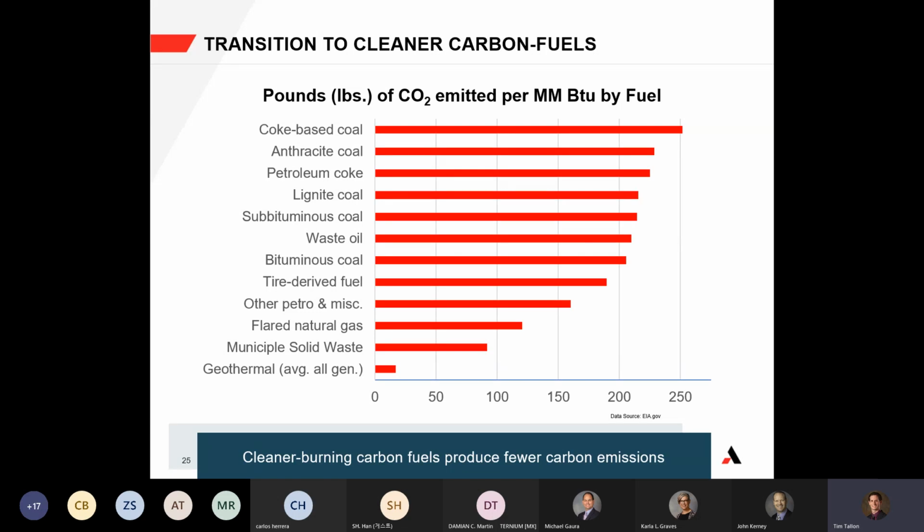As you can see, different forms of coal can have relatively high CO2 emissions per million BTU of fuel compared to geothermal or flared fuel gas or natural gas. But the biggest impact is that any change in your fuel source from high emissions to low emissions will certainly have an environmental impact. And as you can imagine, the cleaner burning carbon fuel sources produce fewer emissions.